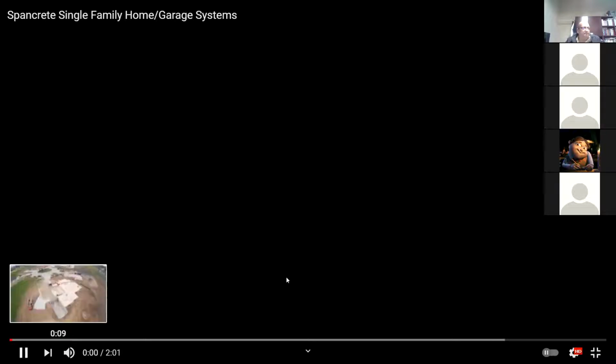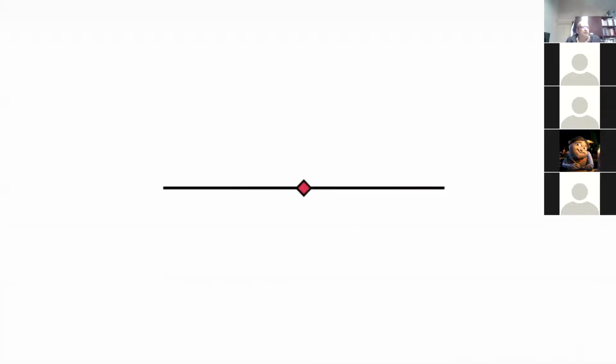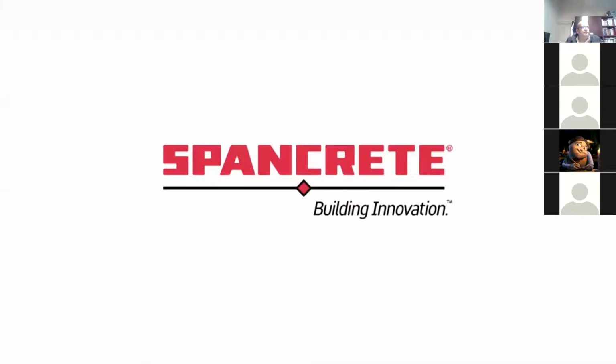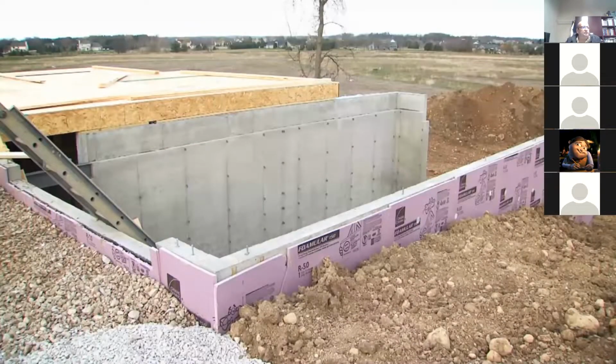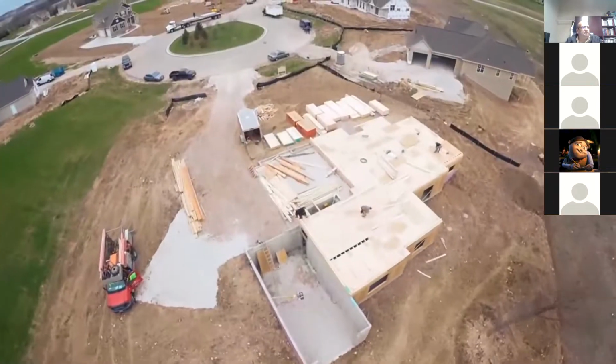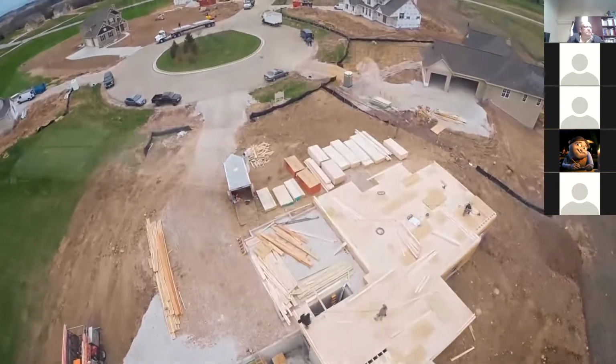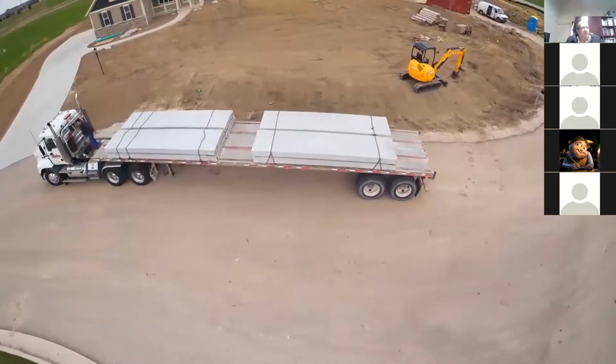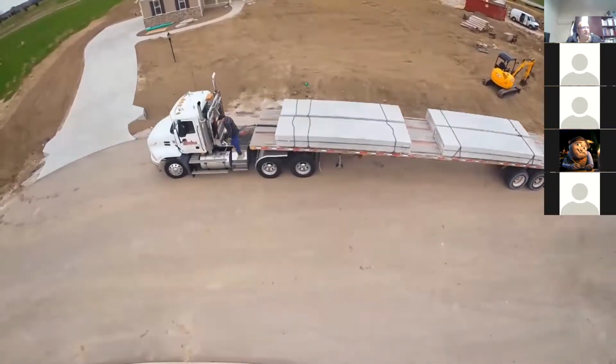Company called Spancrete, very famous precaster. They do lots of work, like parking structures. Cool. The hollow core.